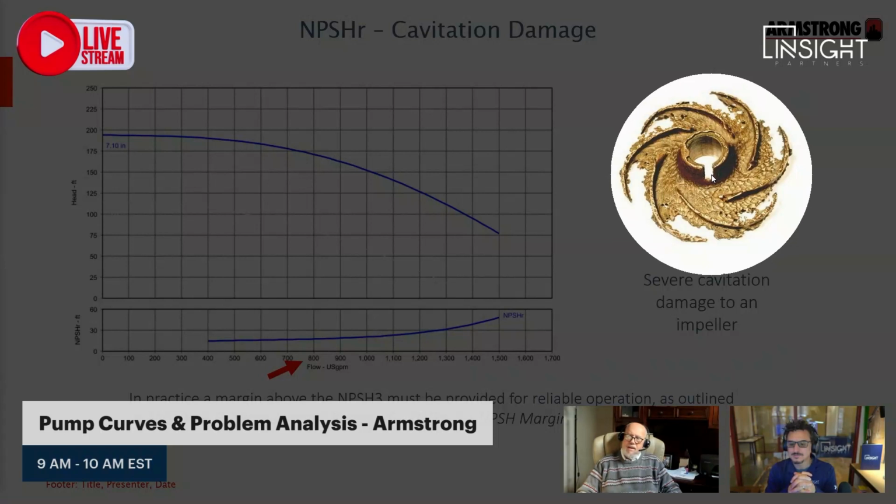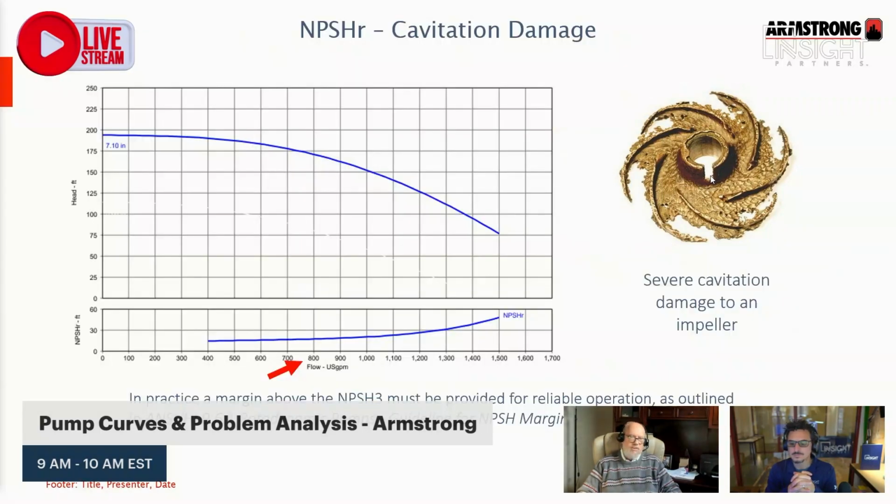That damage was about 9 months worth of damage. I've seen other pumps run in worst cases of cavitation. I did a job several years ago at a municipal water distribution facility, and they were pulling water out of a tank, and whoever did the original design assumed that the water level in the tank would always stay at the top.